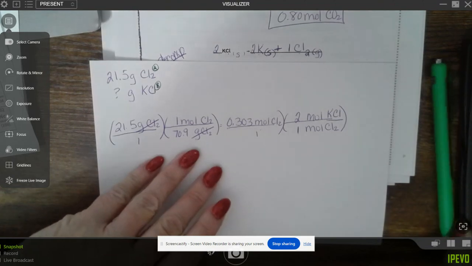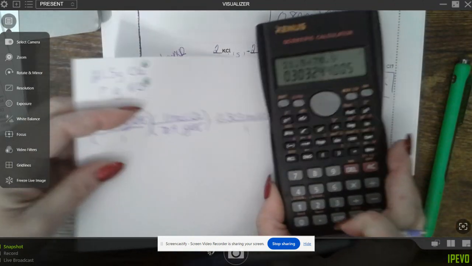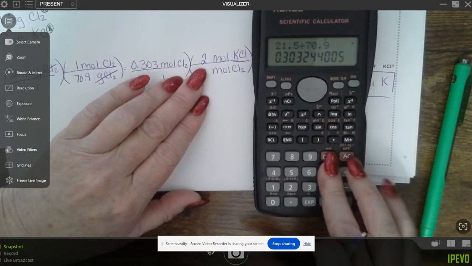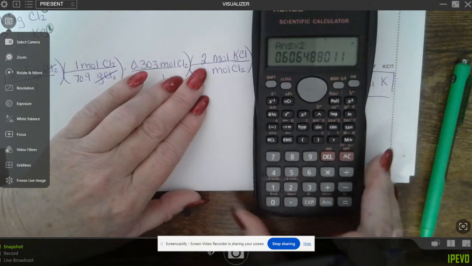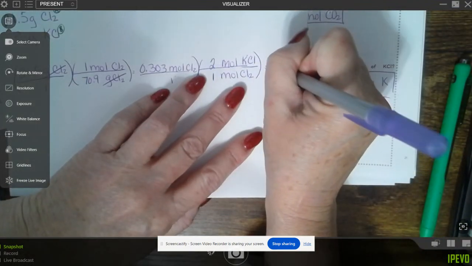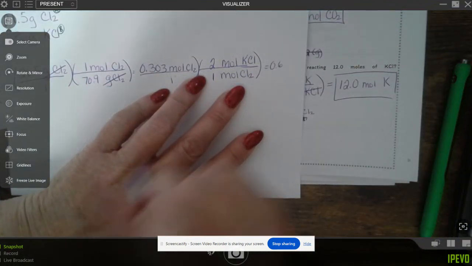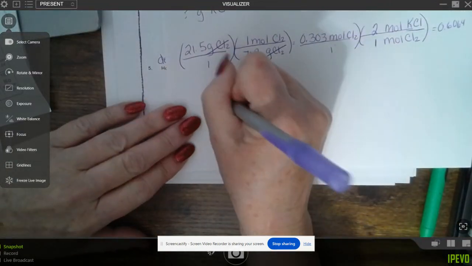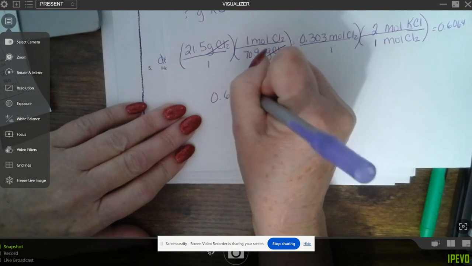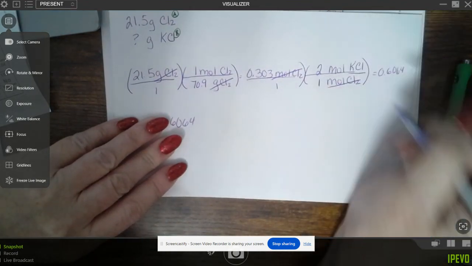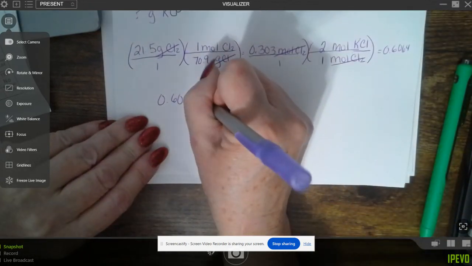All right, so if I do this math, and I have my numbers still plugged in, which is nice because then I'm not really rounding. So I'm just going to take this times 2, and I get 0.6064. I'm going to write that down here. 0.6064. Notice my moles of chlorine canceled out, leaving me with moles of KCl.